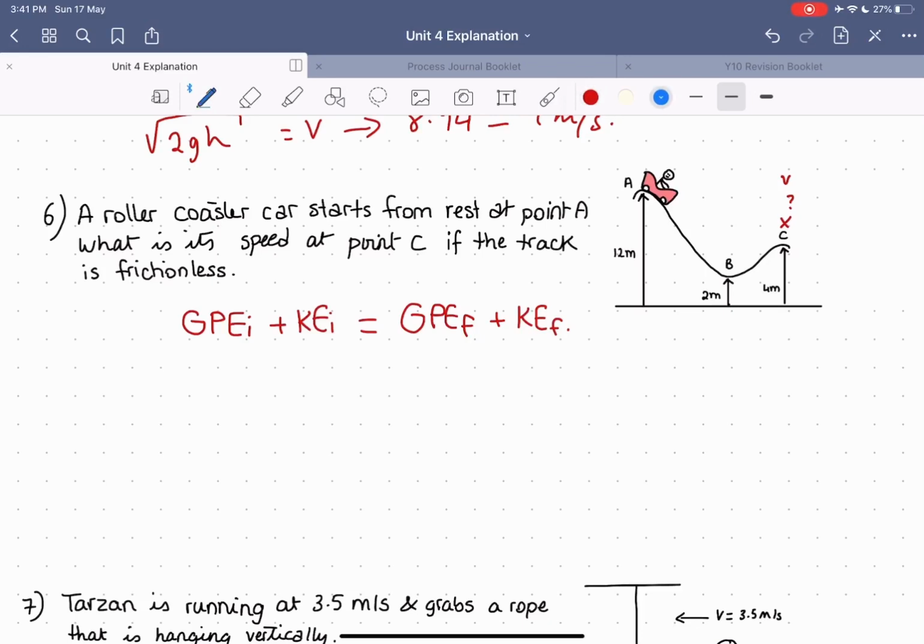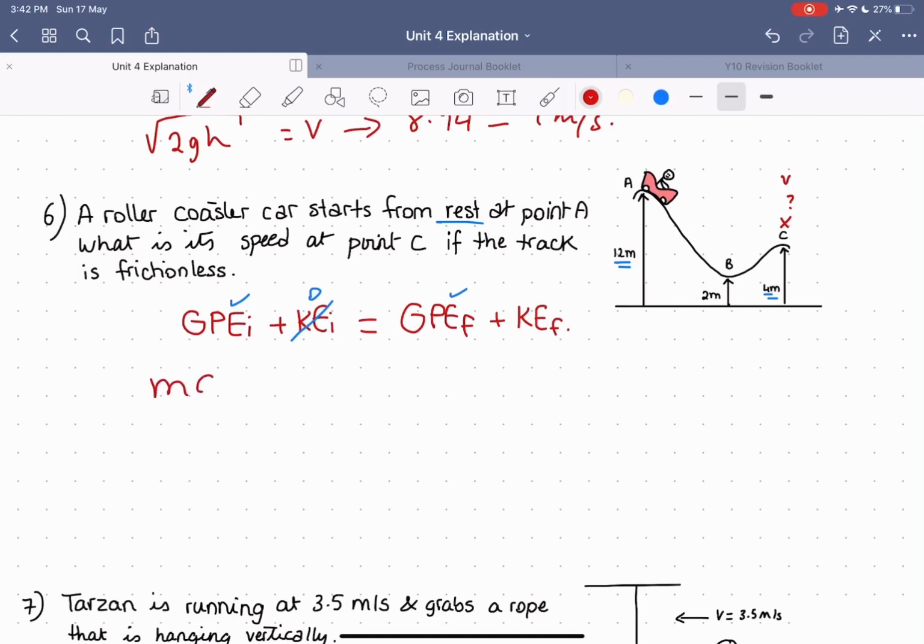Initially, the car starts from rest, so no motion initially. We do have GPE as it's raised 12 meters above the ground. At the end, it's still raised 4 meters, so we will still have some gravitational potential energy, and then the final velocity in order to find the KE final.